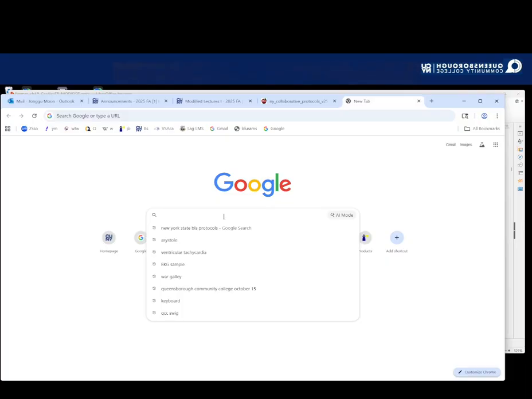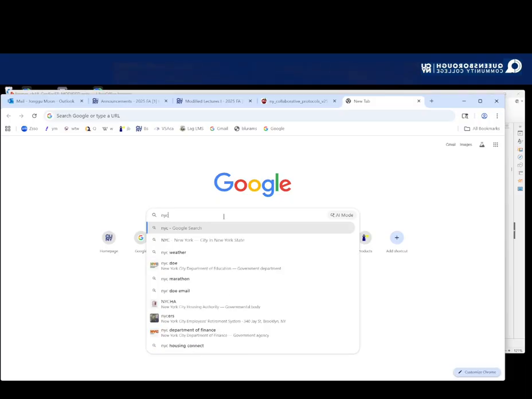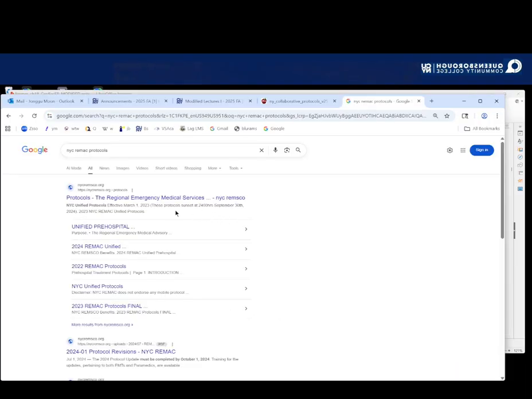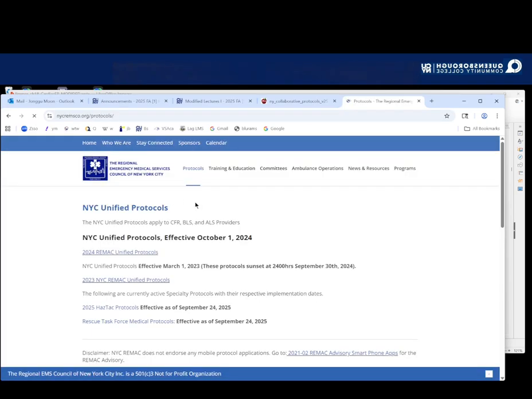a local area. So let's look up the New York City VMAC protocol. So this is the city protocols, and you should remember that the state exam will not test on this.